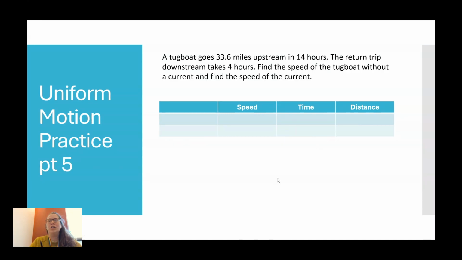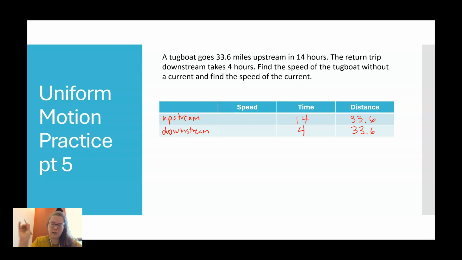All right, trying just a few more. Let's do another current one. We've got a tugboat going upstream, slower, and then downstream, faster. They go 33.6 miles, and then the return trip should be the same. Upstream took us 14 hours, and downstream took us 4.